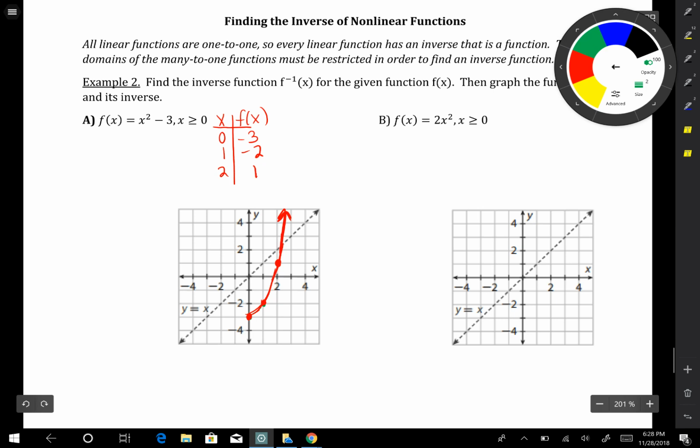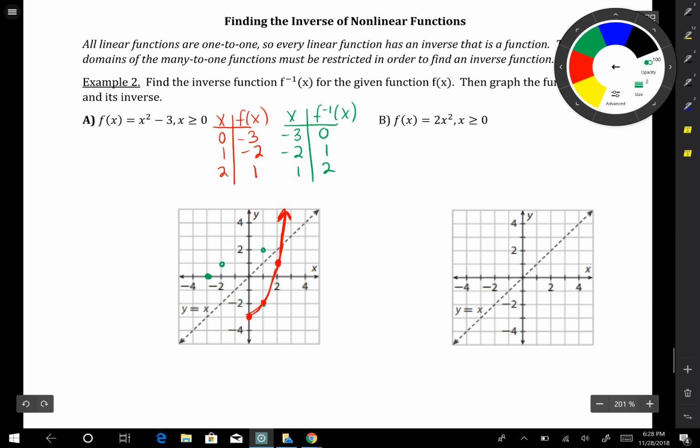Its inverse, just flipping the x and y coordinates, I will have negative 3, 0, negative 2, 1, and 1, 2.